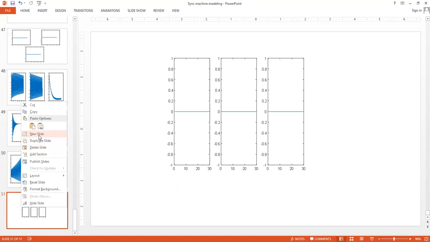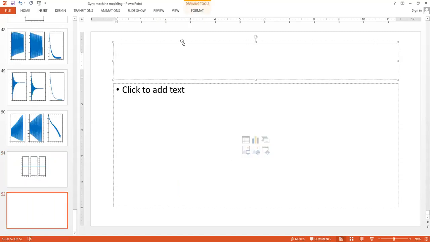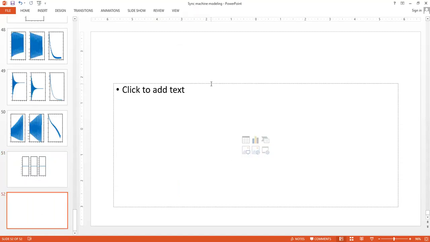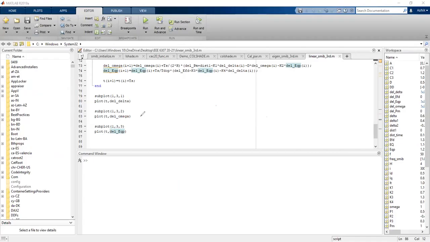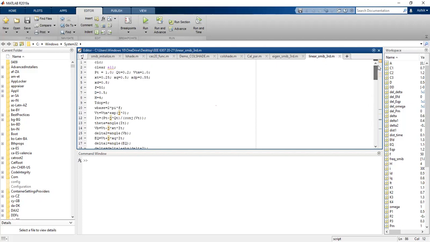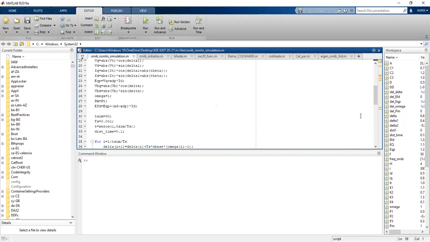So let's make a new slide, make some space for the new results. Okay, so let's go back to MATLAB. And what we would like is this. The D parameter was set at 0.5 initially, we can see. But if I check back the nonlinear file, we actually had 3 values.